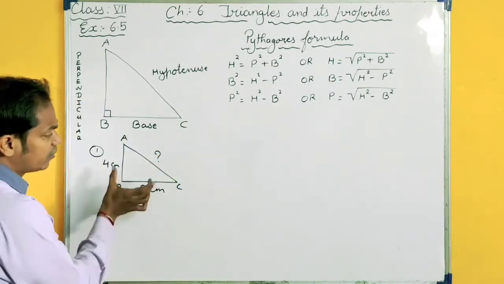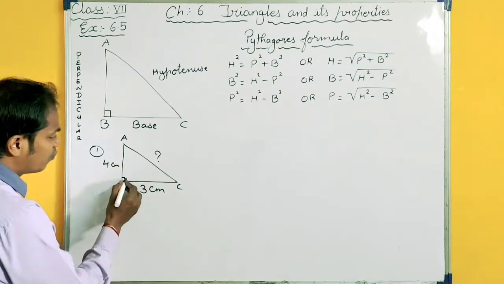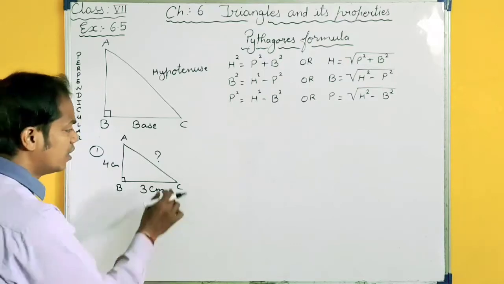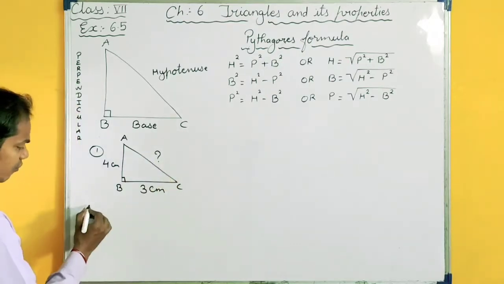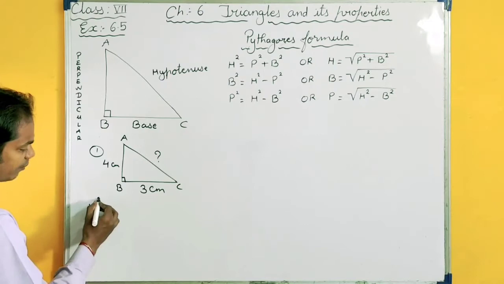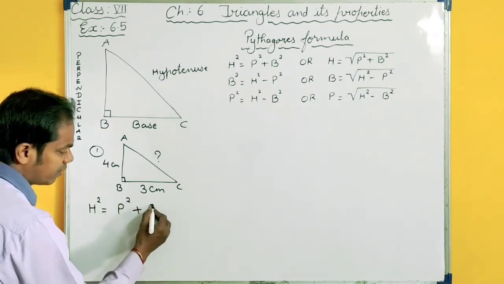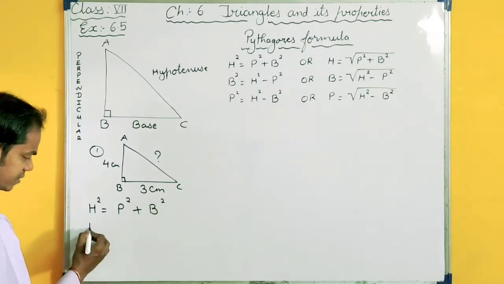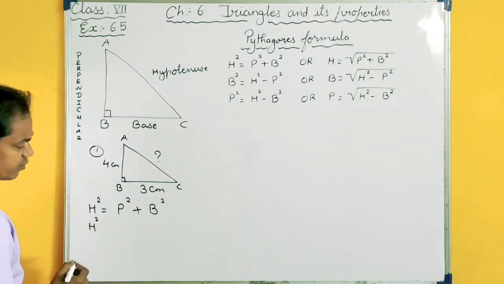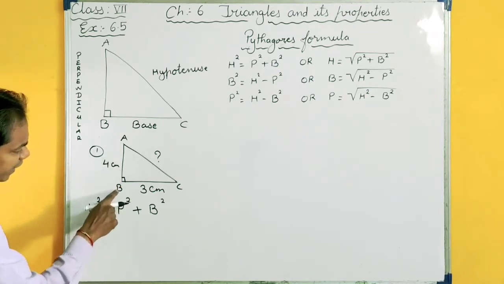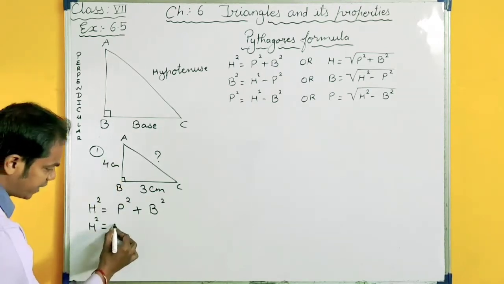First of all, you must know which side this is. This is AC. AC is hypotenuse. So here you will use the formula of hypotenuse square. Hypotenuse square is equal to perpendicular square plus base square. What is your perpendicular? AB. What is AB? 4 centimeter.